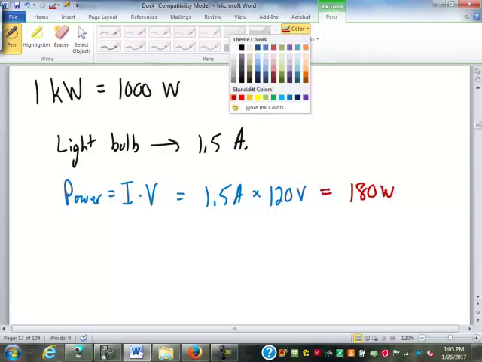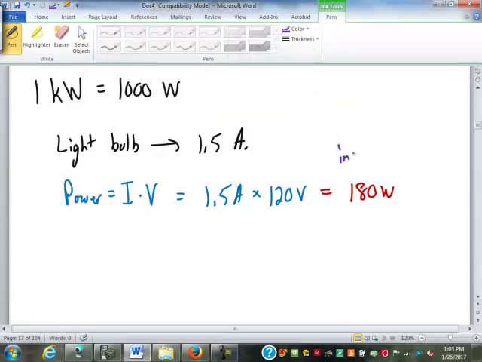So that's what we call an instantaneous power consumption. At any given instant, that light bulb is using 180 watts. Well, it's hard to quantify an instant of power. So what they do is they take that level of power usage over a unit of time.